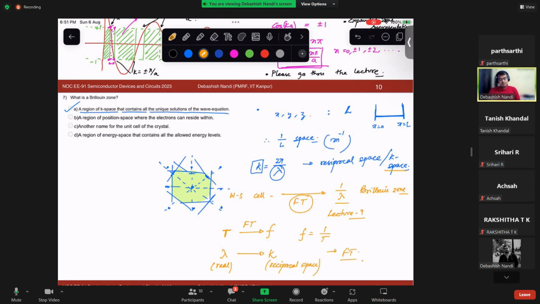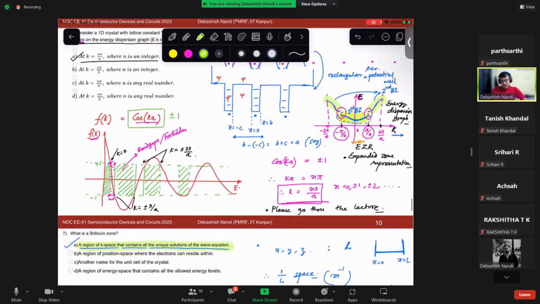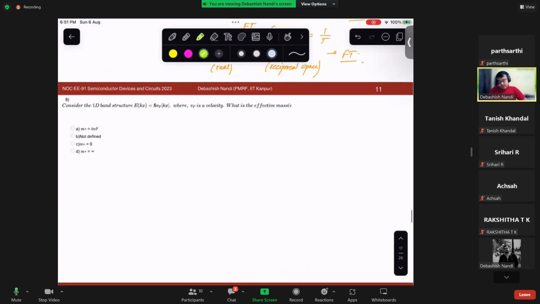I think this much is enough for you to solve the problems. Just remember that it is the region of K space that contains the unique solutions of the wave equation, this region. Then moving on to the next problem. Yes, this is an interesting problem. Consider the 1D band structure.